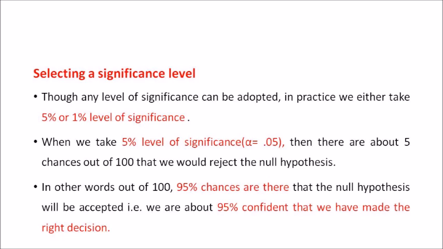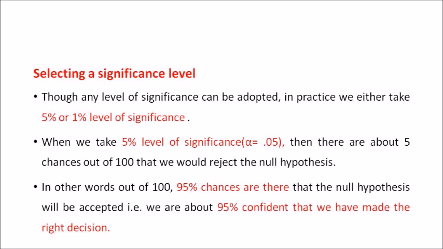So out of this 100, there is a 5% chance of rejecting the null hypothesis, and a 95% chance of accepting the null hypothesis. If the null hypothesis is accepted, it means we are 95% confident we have made the right decision. That is what a 5% significance level means.